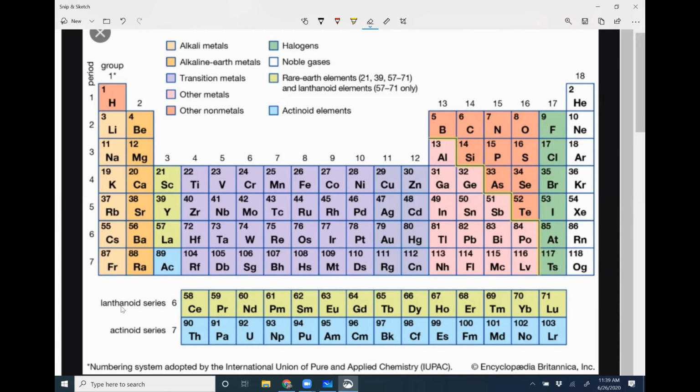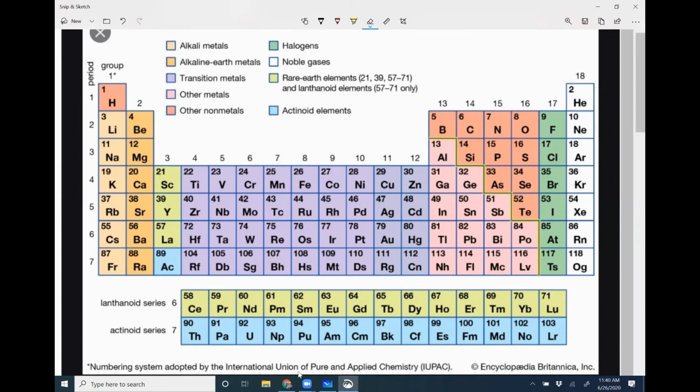But basically what we call them in chemistry is the lanthanide series, because it starts with lanthanum, and the actinide series, or the actinoid series in this case, because it starts with actinium. Lanthanum and actinium are numbers 57 and 89. Sometimes you see them down here, sometimes you don't.